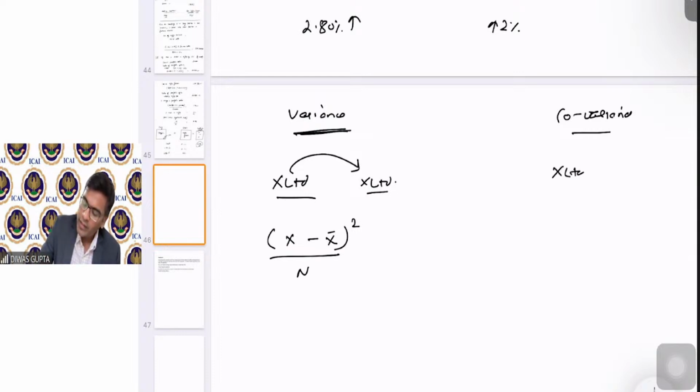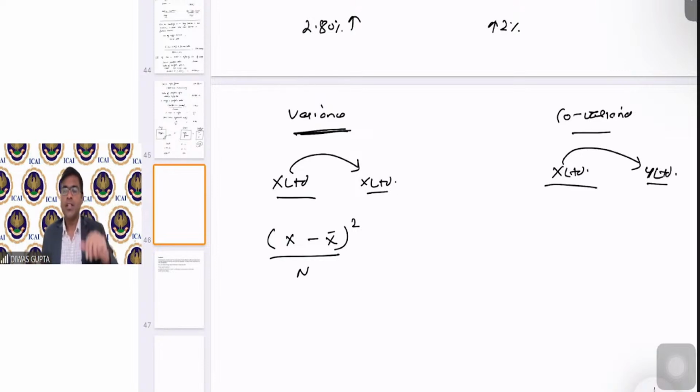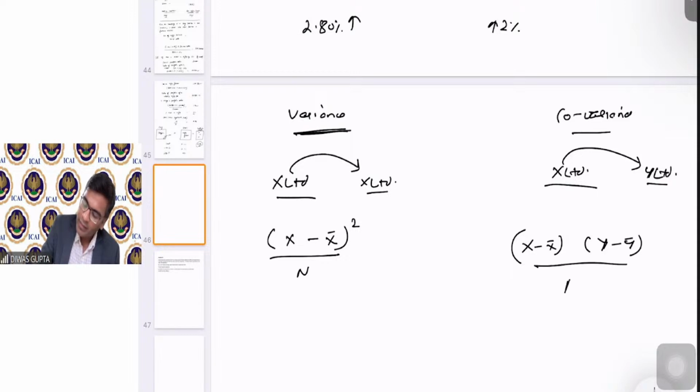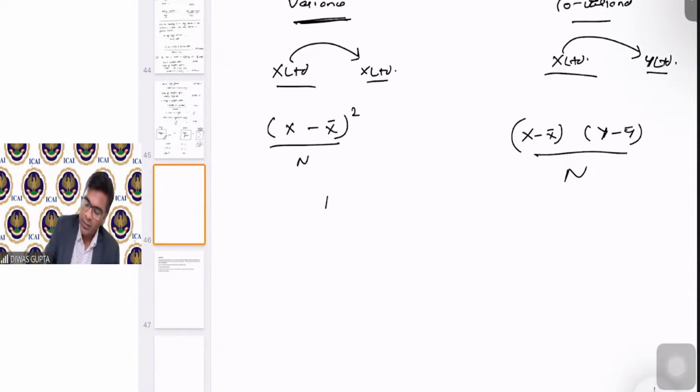In case of covariance, it is X's variance in relation to Y. How X is changing, how Y is changing, and their collective variance, which is X minus X bar, and here it will be Y minus Y bar, divided by N. Okay, so let's say there are 10 observations.